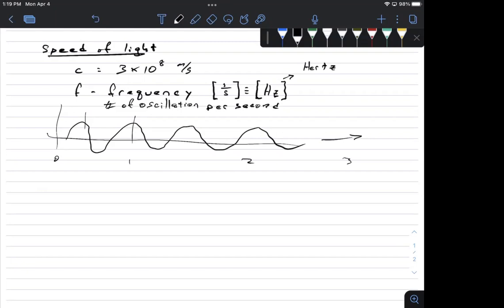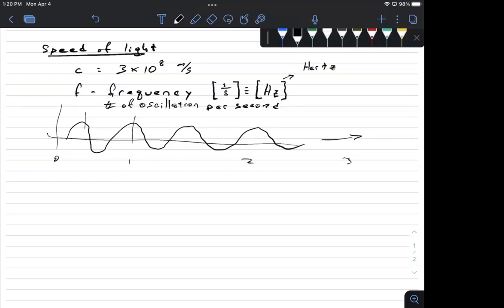When you're in the air, sound always travels at a certain speed. When it's in the water, it travels at a different speed. Sound traveling through metal has a different speed, but it always has a certain speed depending on what it's moving through. Same thing with frequency. All waves have a frequency. So although I'm talking about light, that doesn't mean these things are only for light. These things are for all types of waves.